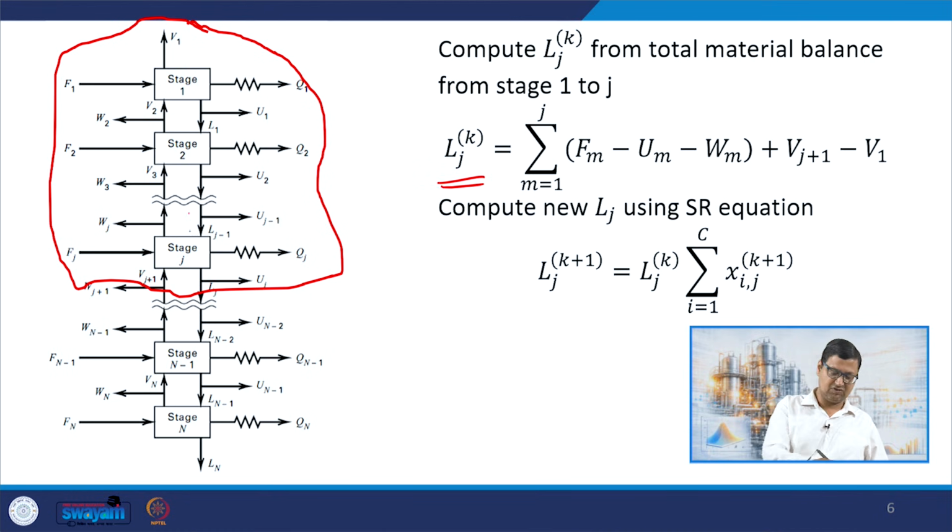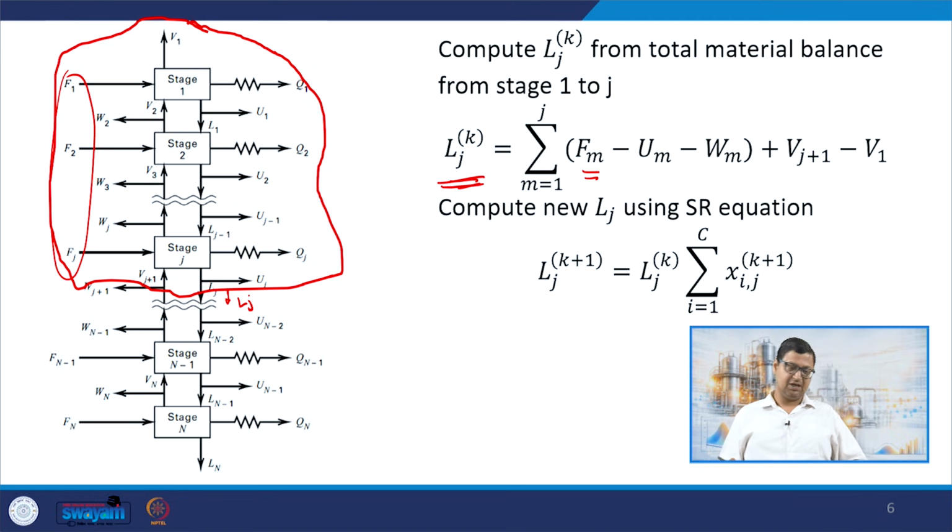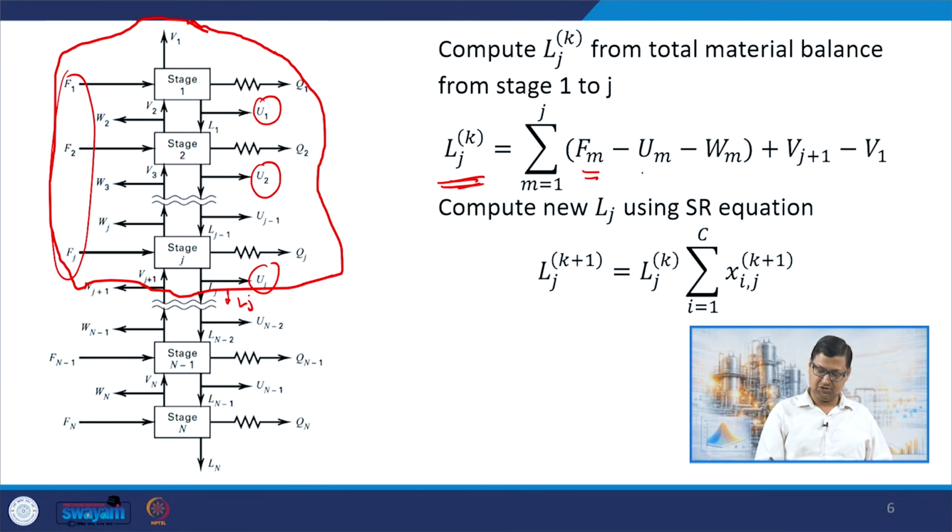So if I do a balance from 1 to j, the L_j stream is going out, that's why we have an L_j here, and that is equal to what is coming in. So all the feed rates F_1 to F_j, that is the sum over F_m, is coming in. Out of that, what is being taken out is my side streams for the liquid U_1 to U_j, again a sum of U_m from m equal to 1 to j.